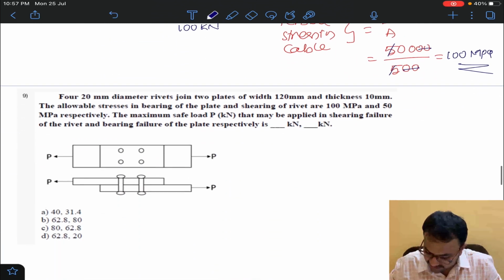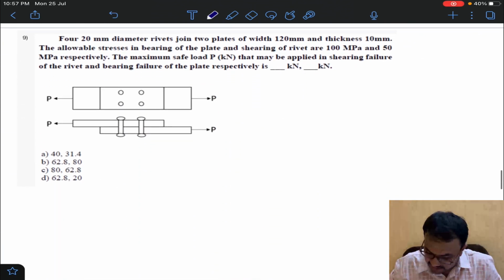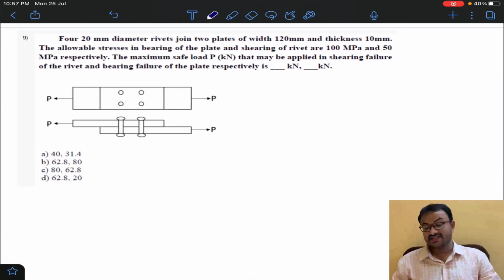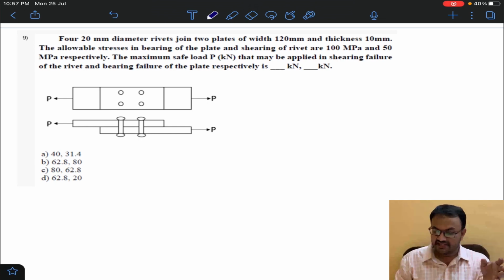What is the next question? So yeah, he has given some question which is related to steel. Okay, 4 rivets of 20 mm diameter join two plates of width 120 mm and thickness 10 mm. So that is, he has given how many bolts? 4 bolts. And what is the diameter of each bolt?